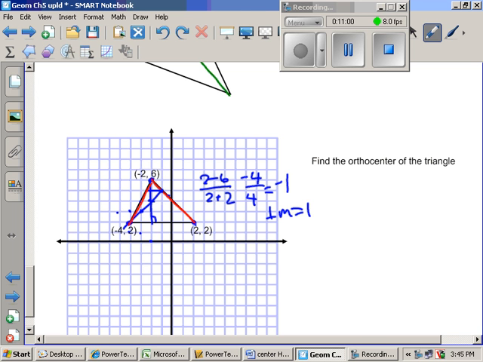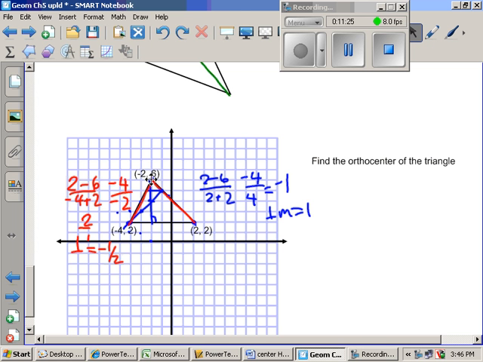Okay, now if I want to do this line over here, again, I'm going to find the slope, y2 minus y1 over x2 minus x1, so that's negative 4 over negative 2, or 2. So the perpendicular slope would be negative 1/2, because it's the opposite reciprocal. Turn this upside down, change the sign.